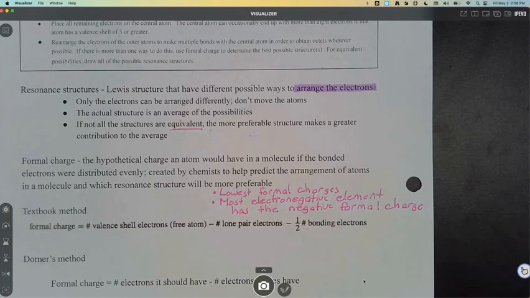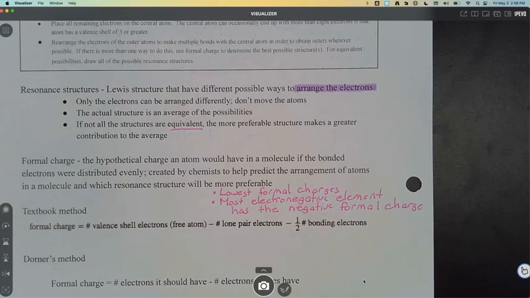But if you can't get all the formal charges to zero by arranging the electrons, when you do arrange the electrons, you want the negative formal charge to land on the more electronegative element in the molecule. The textbook method for calculating formal charge is going to tell you to take the number of valence shell electrons in the free atom, subtract the number of lone pairs, and subtract 1/2 of the number of bonding electrons.